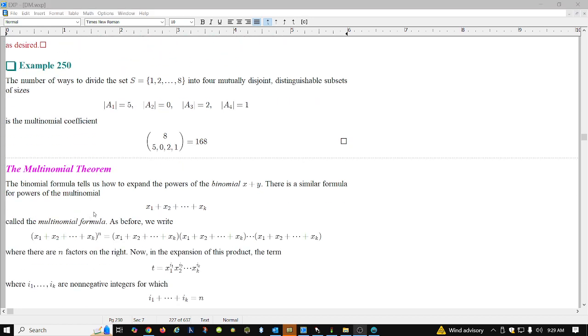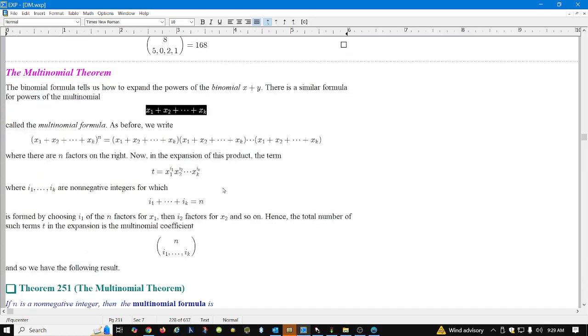We've seen that the binomial formula tells us how to expand the powers of a binomial, x plus y. The multinomial coefficients will tell us how to expand powers of a multinomial like this. So we just write out the factors.